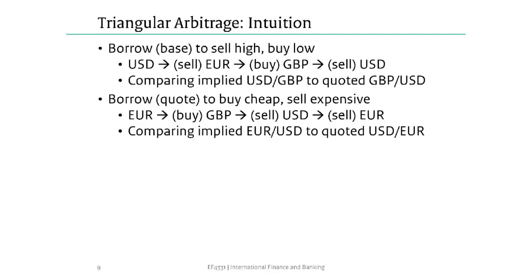But at the end of the day, you're still comparing an implied quote to an explicit, direct quote. So here you're comparing the implied quote after the third currency conversion. You'll get an exchange rate for Euro to USD, and you're comparing it to USD to Euro. You can take the inverse and realize, in this case, that this currency is going to be higher.